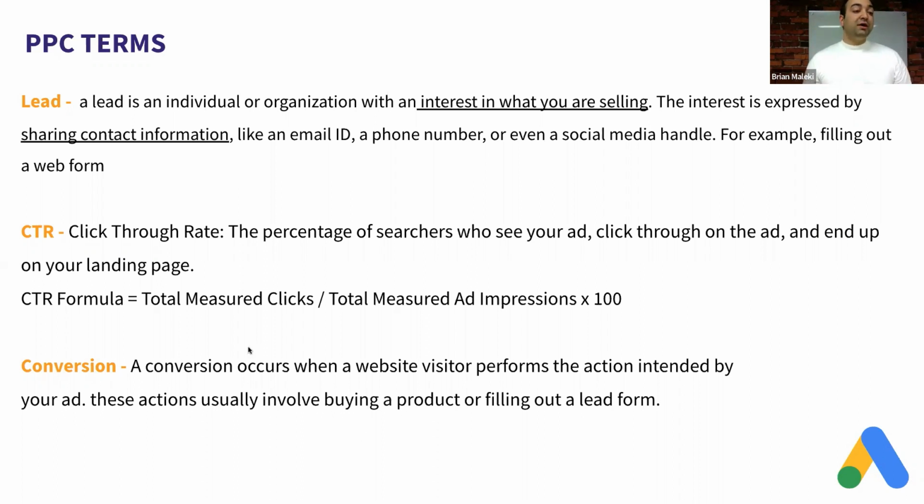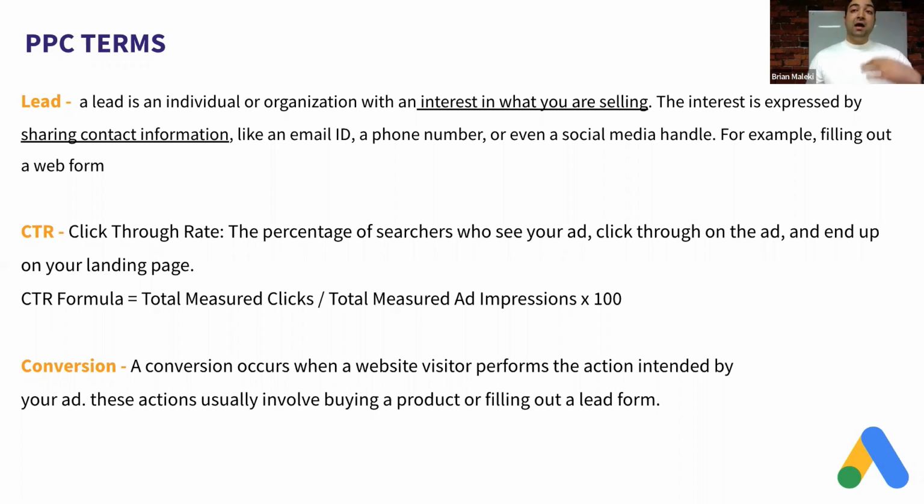And CTR is called click-through rate. So basically, we want to know the percentage of searchers who see your ad and click through on the ad and end up on your landing page. It's very important, and this is one of the factors Google will use to understand the quality of your ad. How?